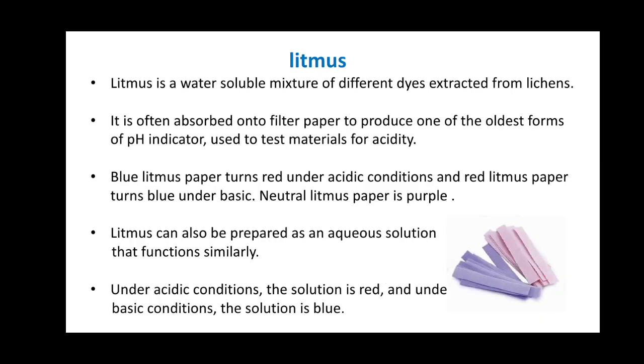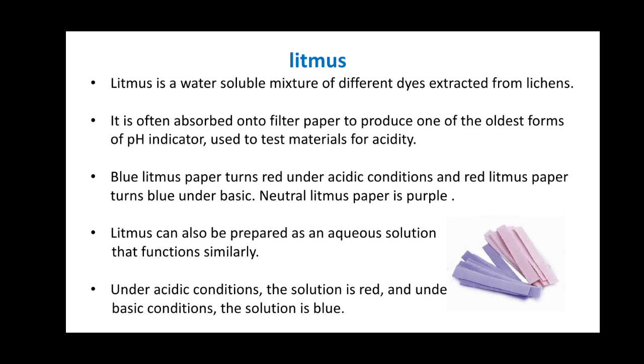And the next indicator will be litmus, as we'll be using in labs. Litmus is a water soluble mixture of different dyes extracted from lichens. It is often absorbed into filter papers to produce one of the oldest forms of pH indicator, used to test materials for acidity.